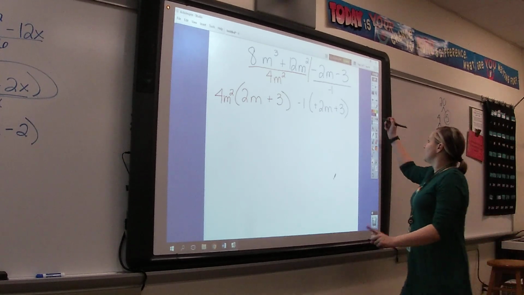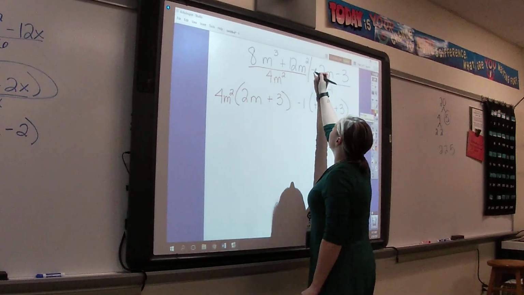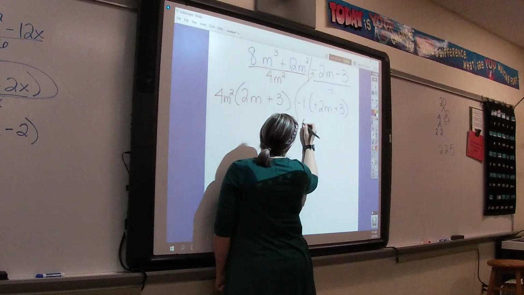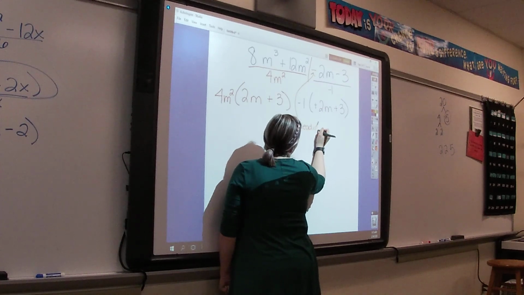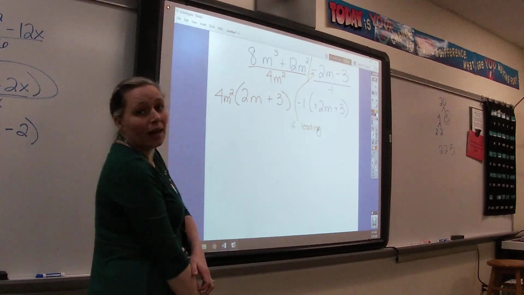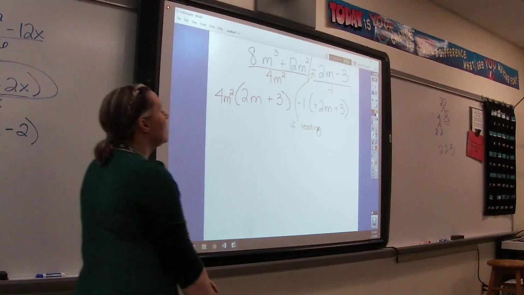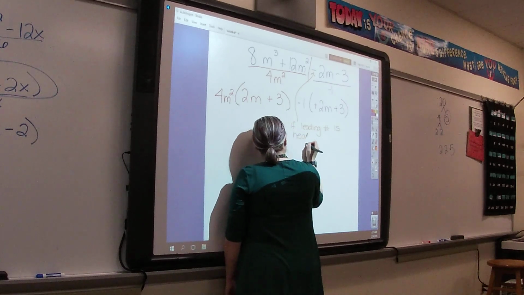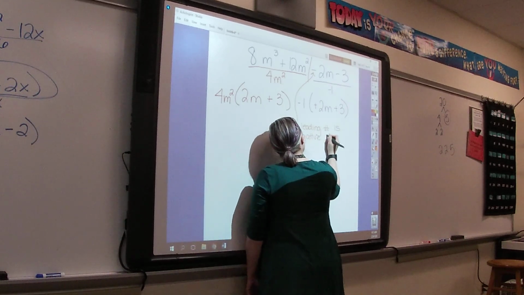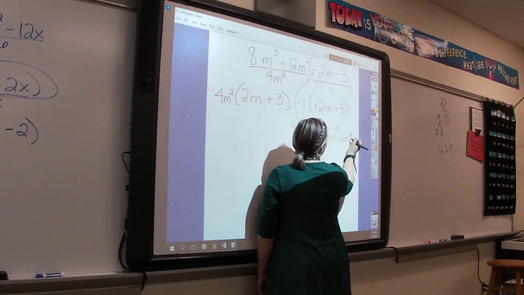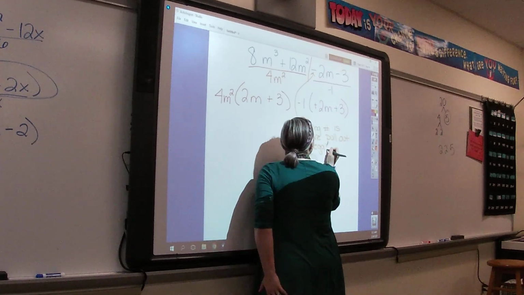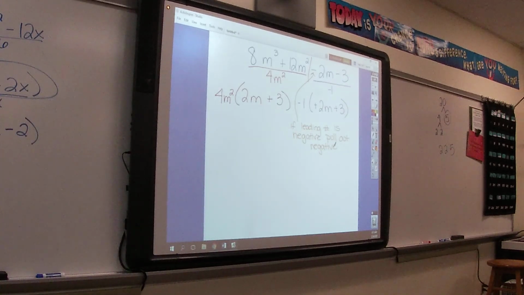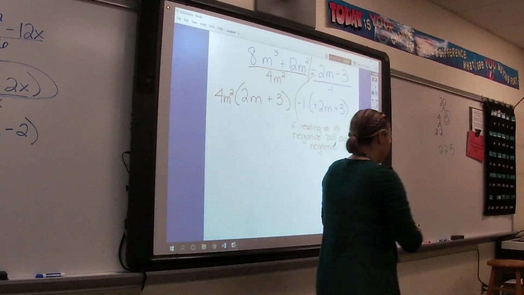And the rule says, if the leading number in this second half, only in the second half, is negative, then pull out a negative, factor out a negative. So if you look at the two numbers and say my GCF is 7, if the leading one is negative, make it a -7.